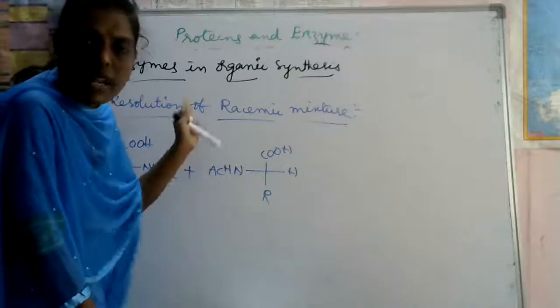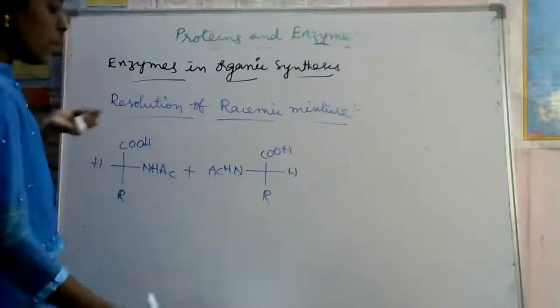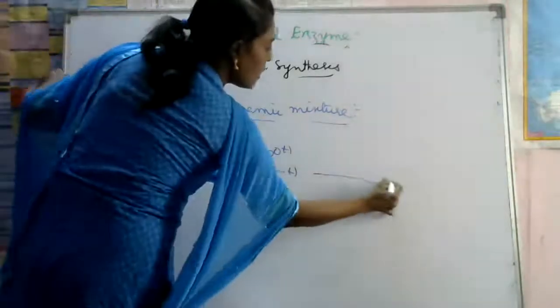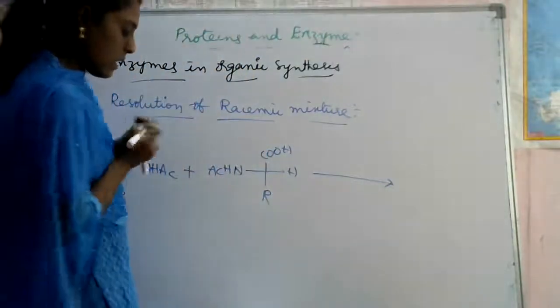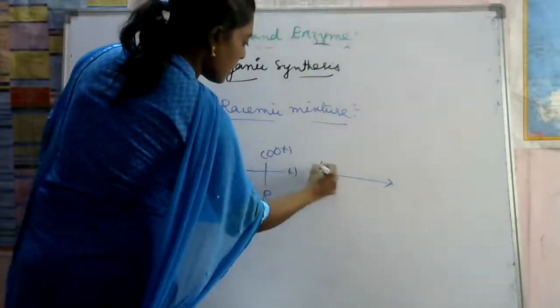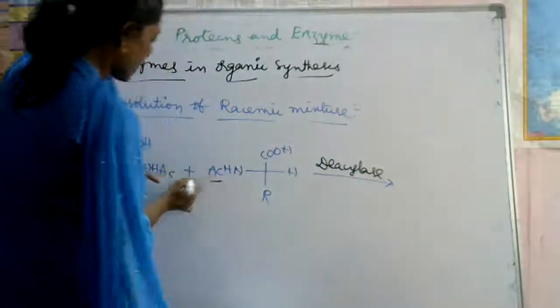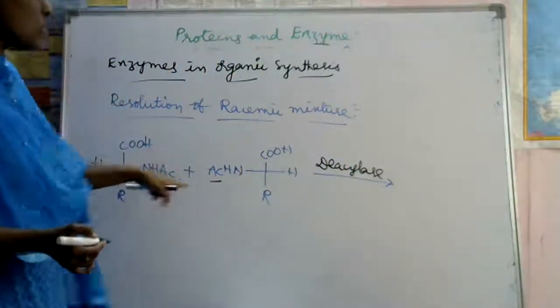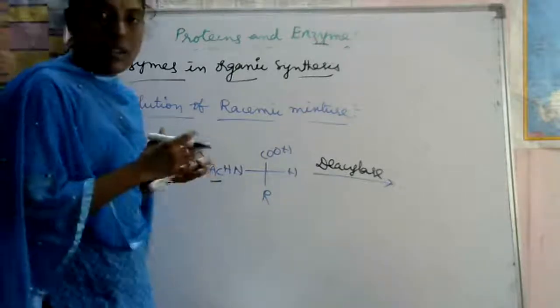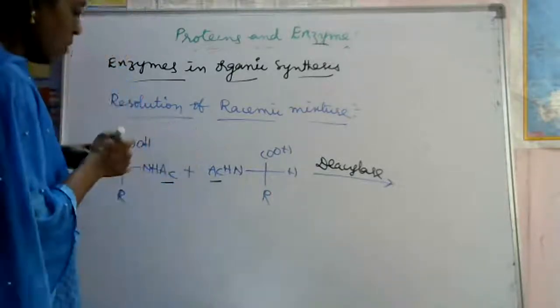We have to separate this racemic mixture by using an enzyme called deacylase. Deacylase means we have to remove this acyl group.